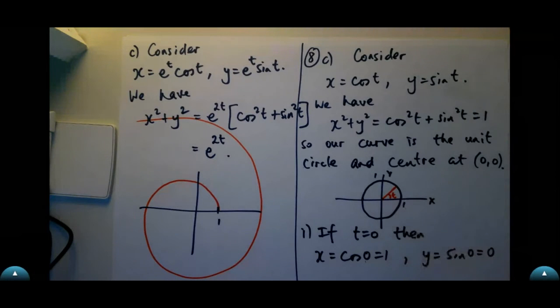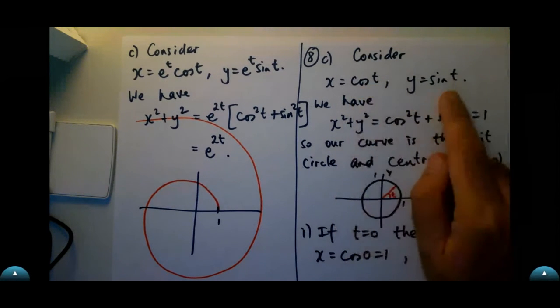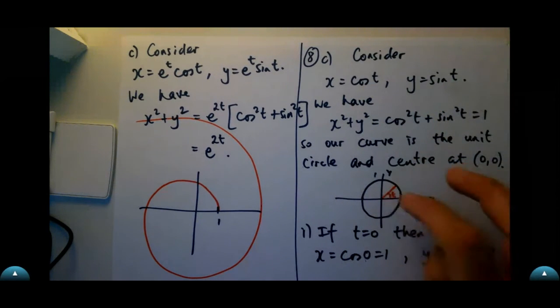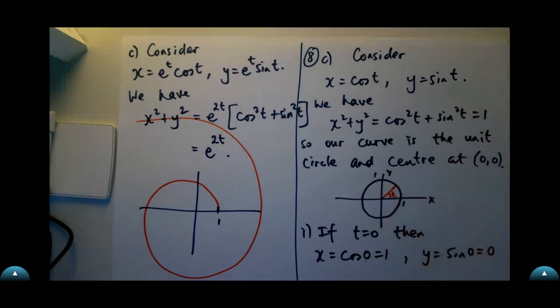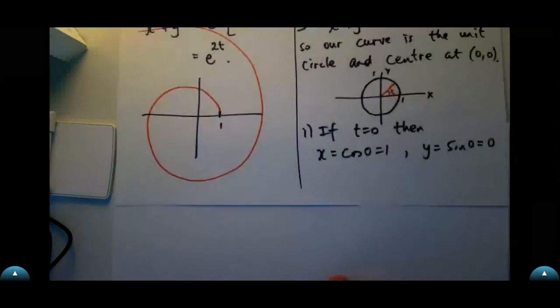So you would just be here, right? You'd be at the point 1, 0. Okay, so you just make the other substitutions in the same way, right? You would put t equals -1, so that you get cos of -1, sine of -1. And you can relate it back to the circle just by looking at the angle in radians here. Okay, so I won't do all of those because they're pretty easy.